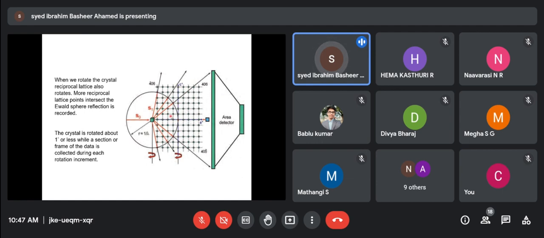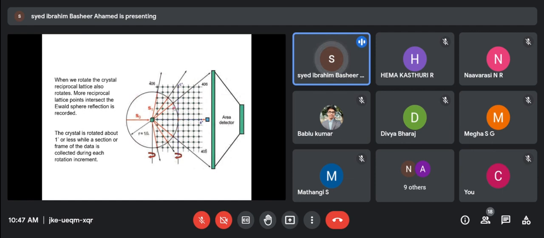You see here, so many lattice points are there, right? But all the lattice points are not going to be recorded here. Why? If you record all of these, it will be a mess, right? So only the reflections falling on the sphere will be recorded.